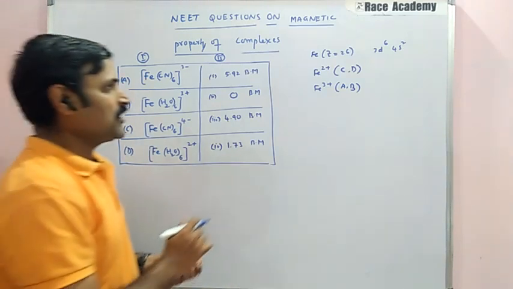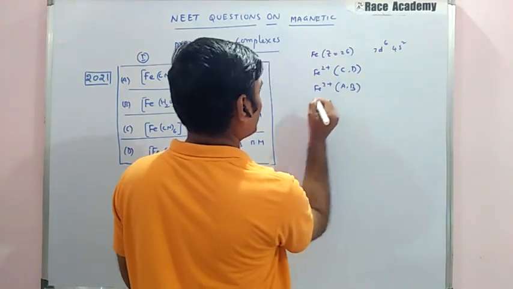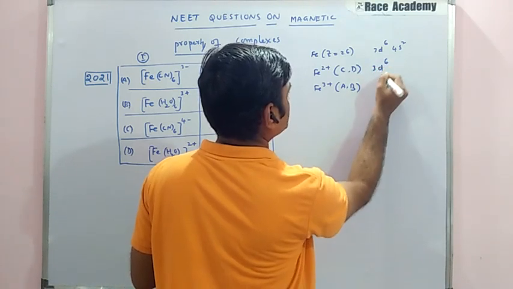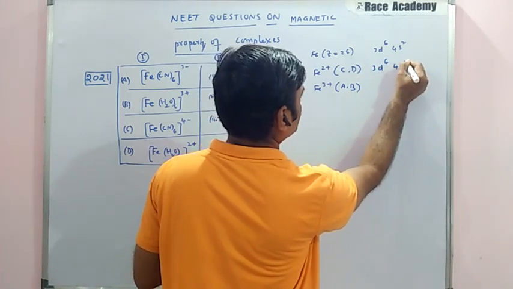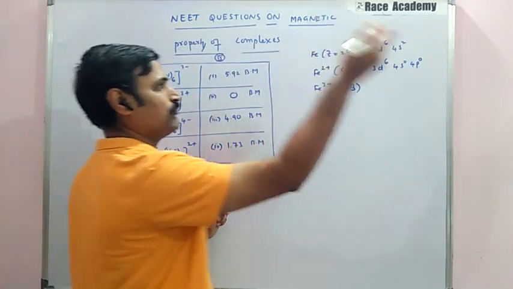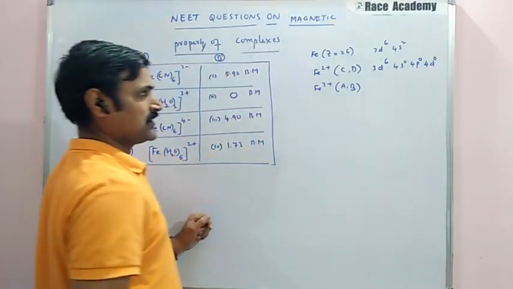Whenever iron is present in the +2 state, its electronic configuration is 3d6. Do remember 4s is 0, even 4p is 0. If necessary, we will take 4d also for weak field ligand cases.